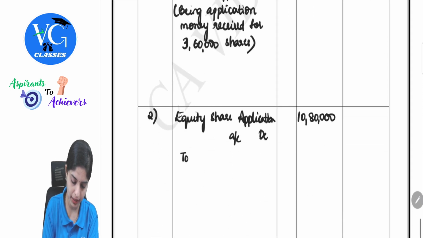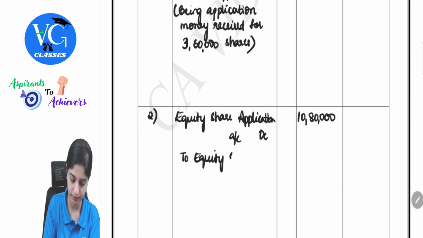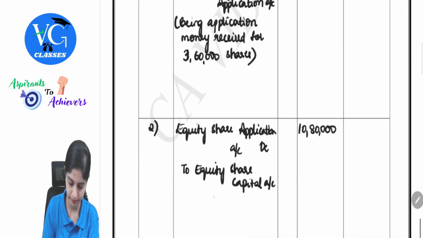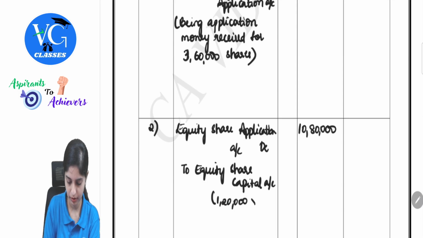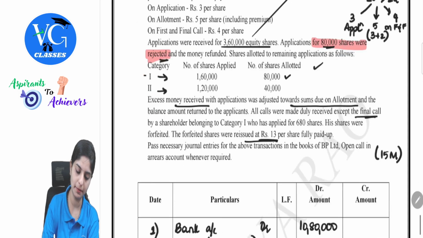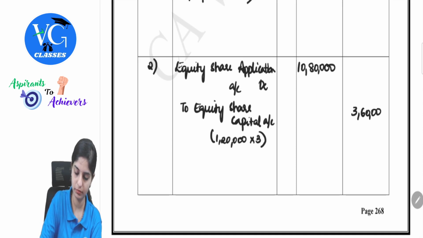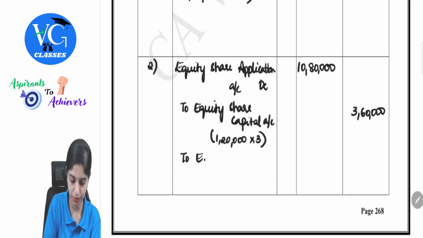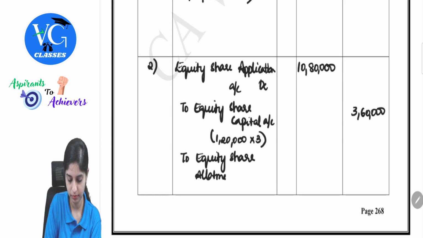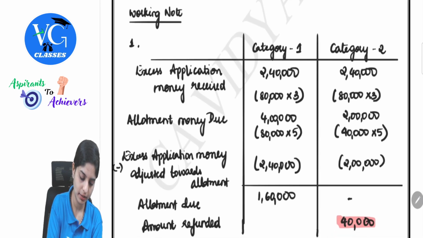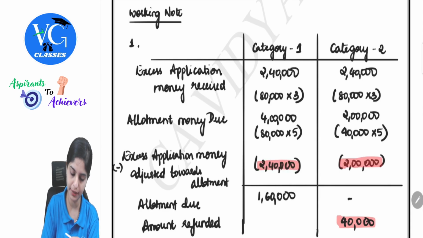First, equity share application to equity share capital will be how much? Number of shares which is issued is 1,20,000 into 3 rupees is the application money. So this will be 3,60,000 to equity share allotment. How much is adjusted towards allotment? See here, 2,40,000 and 2 lakh.